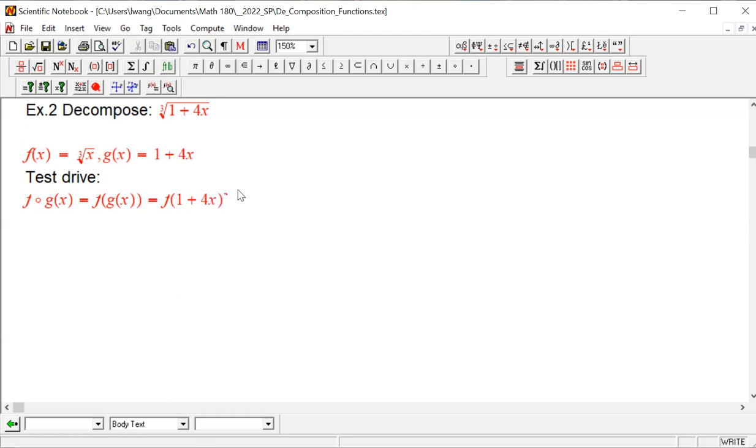And what's the rule for f? f basically takes whatever input and takes the third root. This is the input now. So according to the rule of f, it's going to be the cube root of that input.